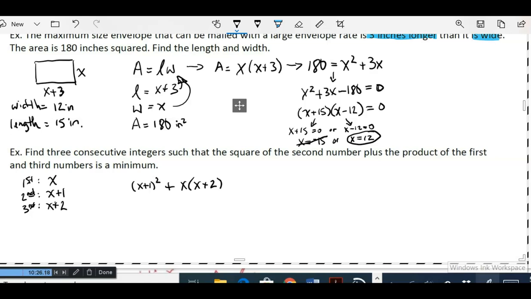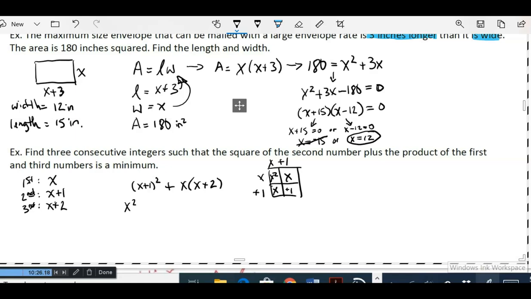We want to multiply these out. X plus 1 squared, it's helpful to use a box to multiply those out. We'll write x plus 1 and x plus 1. X times x is x squared. X times 1 is x. X times 1 is x. And then 1 times 1 is 1. So the two like terms are x and x. That would be 2x.